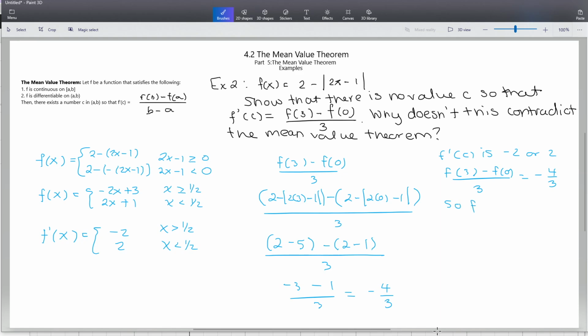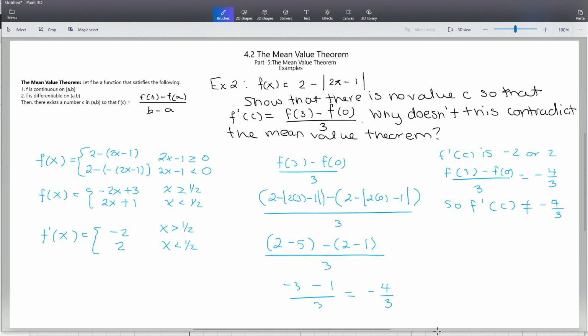So f prime of c is never equal to -4/3. It's just not true. We can see what the values of the derivative are, and we can see that this value is not the same.